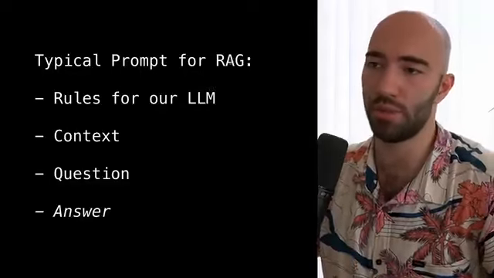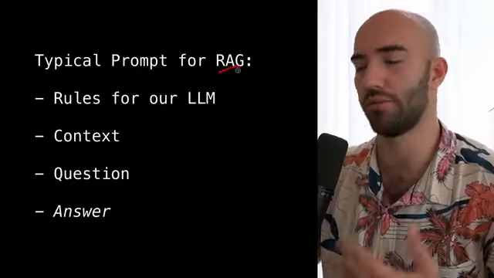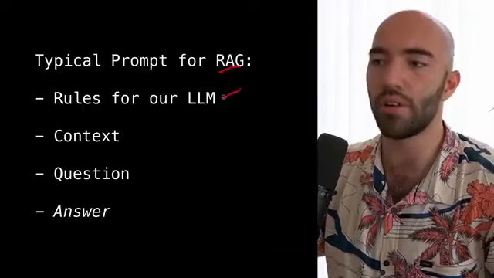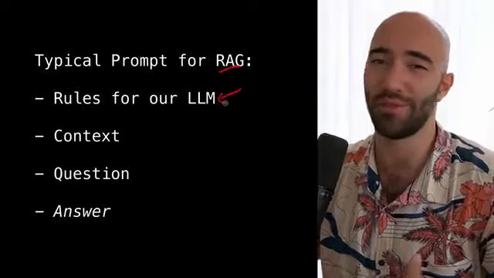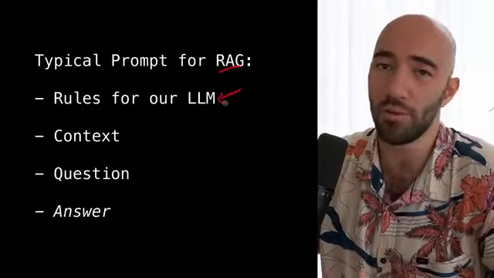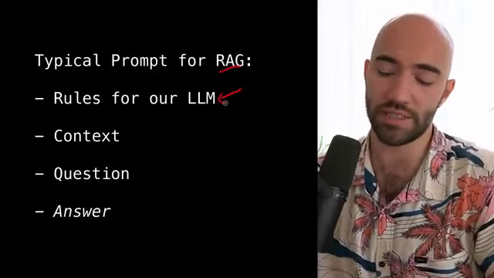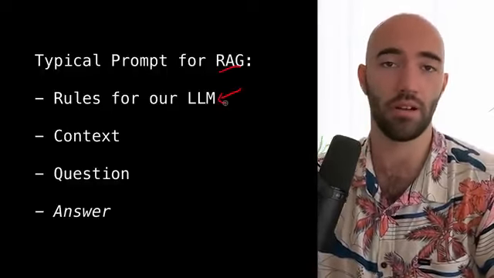So our typical prompt for RAG, or retrieval augmented generation, will include rules for the LLM, and you will see this in most prompts, if not all. This part of the prompt sets up the behavior of the LLM.